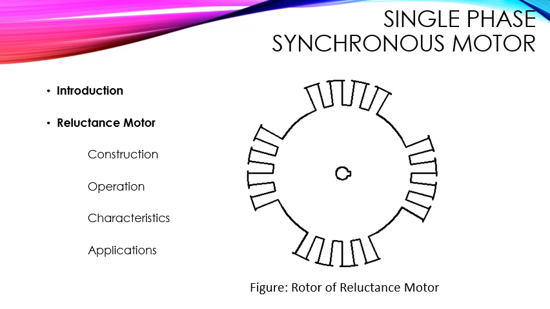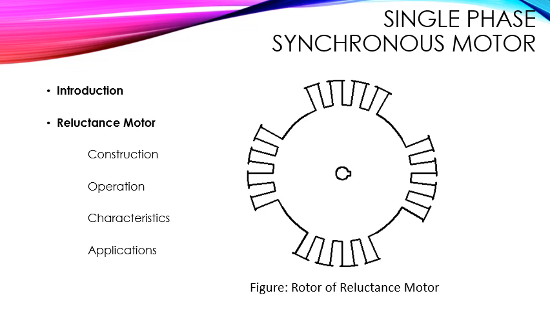From this figure it is clear that the rotor in a reluctance motor is of the salient squirrel cage type, constructed by removing some of the teeth from the standard squirrel cage rotor. Means, from the squirrel cage rotor of a conventional motor, by removing some of the teeth, the rotor of the reluctance motor is formed.